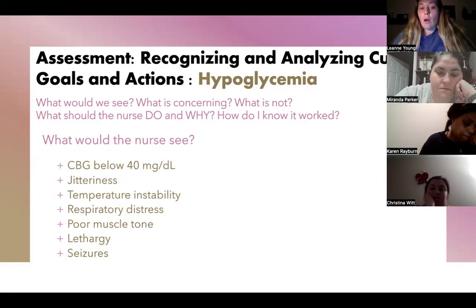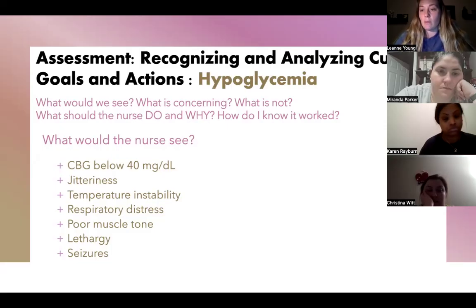We also will see respiratory distress in these infants, and that's because with a hypoglycemic infant, we run the risk of metabolic acidosis, right? So if we have metabolic acidosis, what can that ultimately lead us to? Respiratory acidosis.